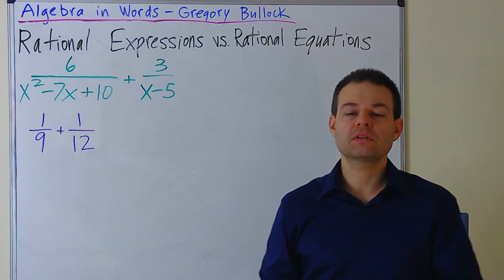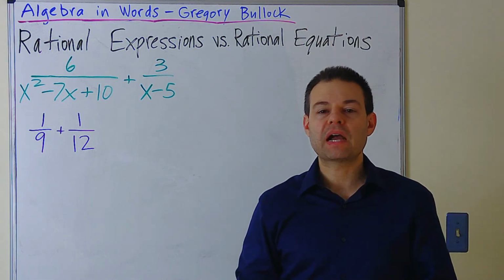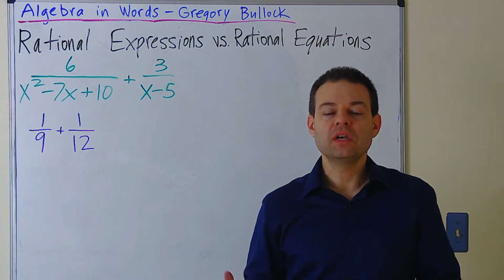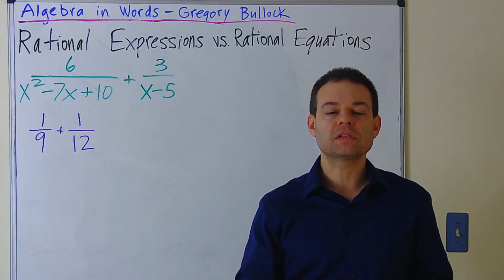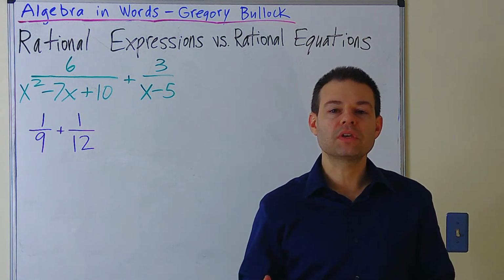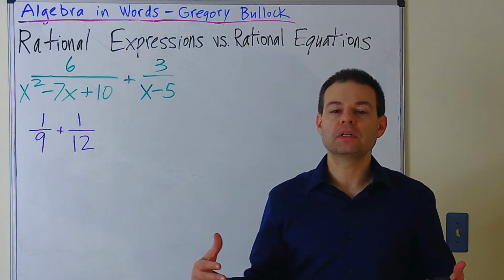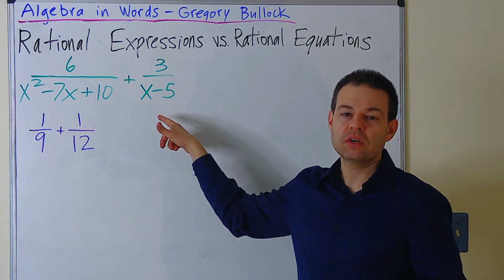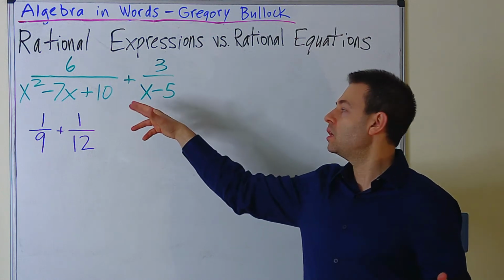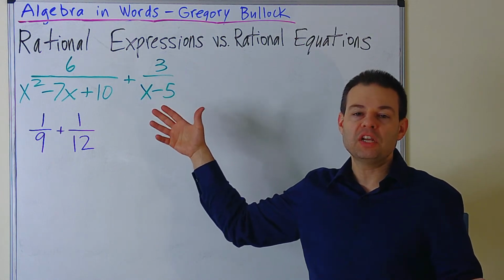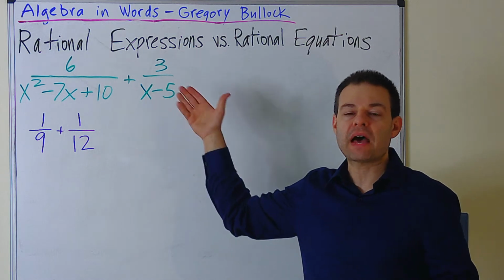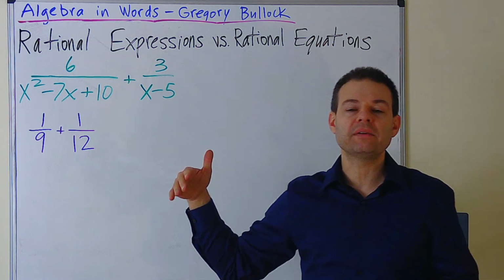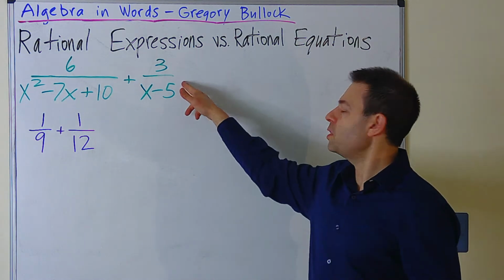Now, as I was starting to say, when we get into the subject of rational expressions and equations, it can be a little all over the place and misleading. What happens at first is, usually in any textbook, you start by adding and subtracting rational expressions. What are expressions? It's terms that you can manipulate or simplify or factor and rearrange in some way, but there's no equal sign.